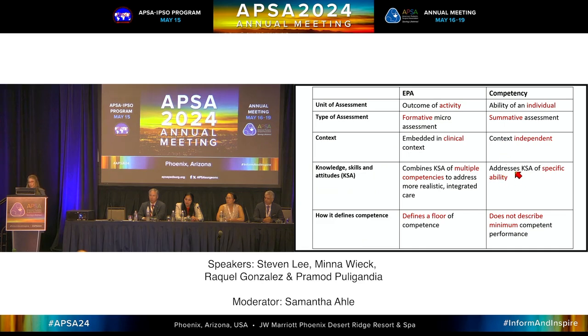A competency addresses the knowledge, skills, and attitudes of a specific ability, whereas an EPA combines them and measures multiple competencies to address a behavior in a more realistic, integrated fashion. And an EPA has a floor of competence, whereas competencies do not have a minimum competent performance.